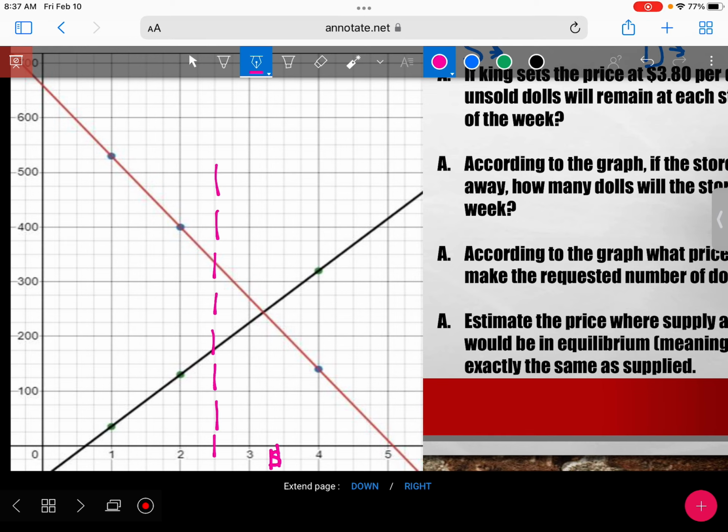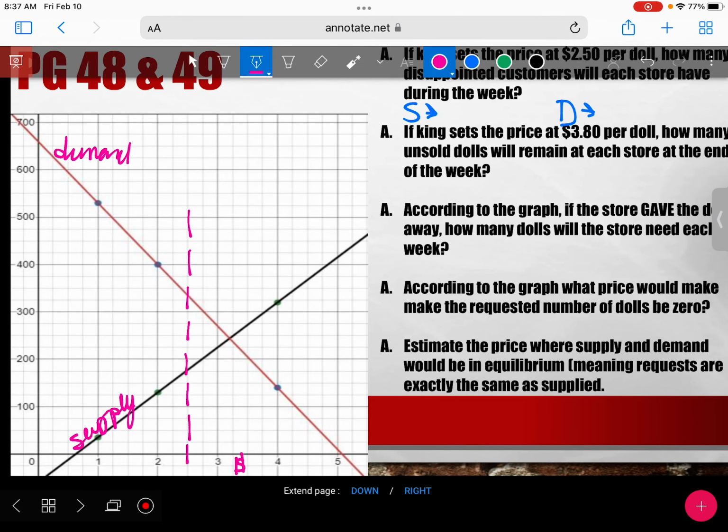So looking at this, this one is demand, and this one is supply. How many people want the doll if it's $2.50? Estimate. What is the demand if the price is $2.50?